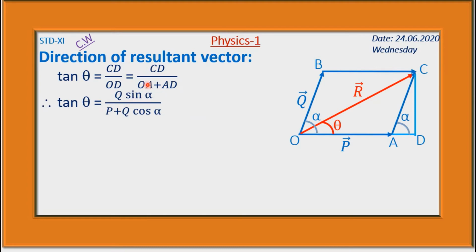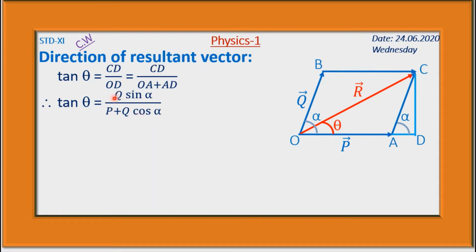And tan theta is equal to, already we know CD is equal to Q sin alpha and AD is equal to Q cos alpha. Therefore for CD, Q sin alpha; OA means P, and AD means Q cos alpha. Therefore tan theta is equal to Q sin alpha divided by P plus Q cos alpha.